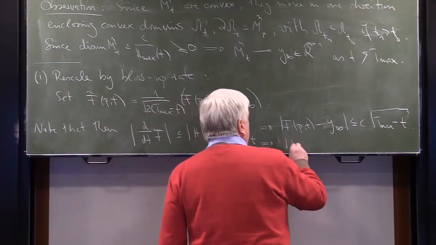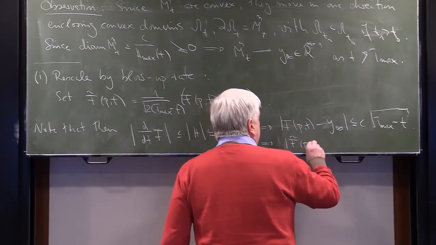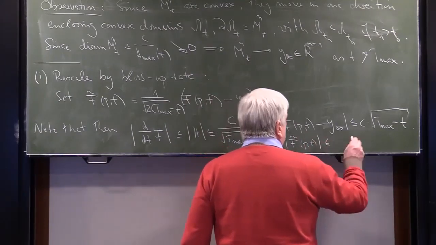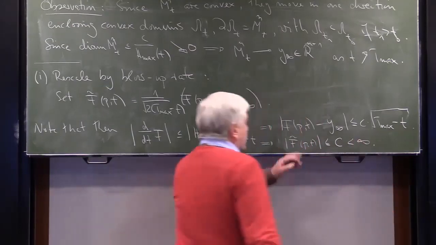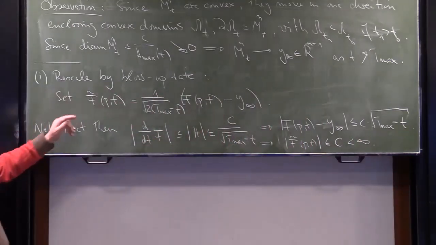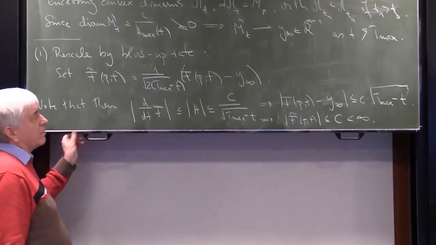So F tilde of p,t is uniformly bounded by C. So the surfaces with this rescaling cannot disappear.